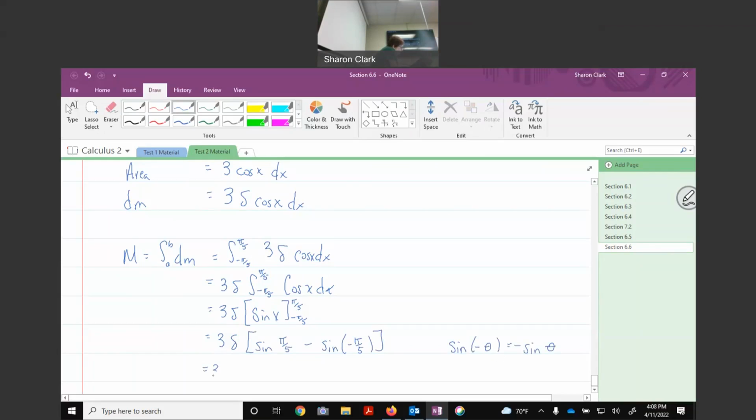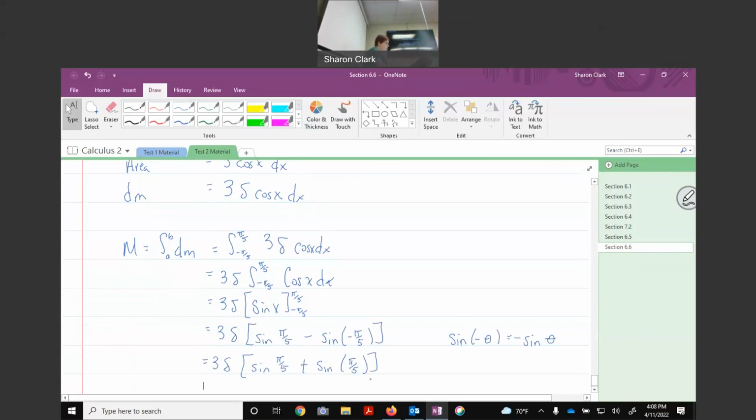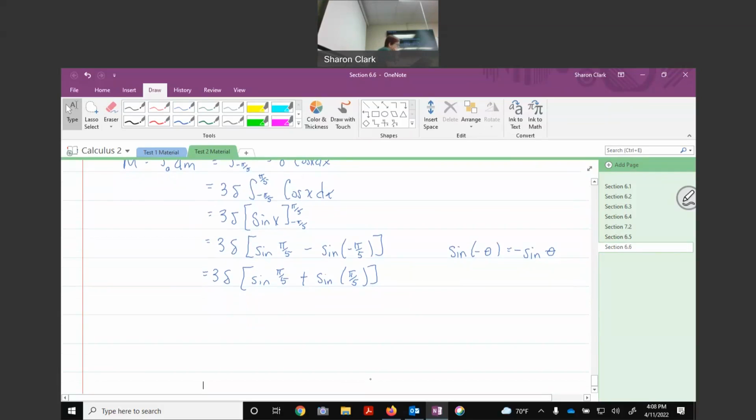So this is 3 delta times sine pi over 5 plus sine pi over 5. So there's 2 of these: 2 sine pi over 5 times 3 delta. So that's 6 delta sine pi over 5. Now that's our denominator.